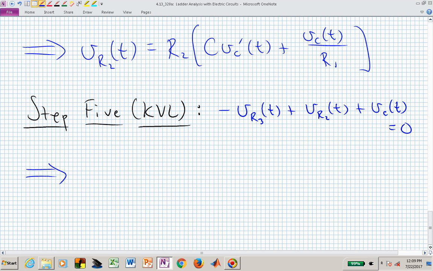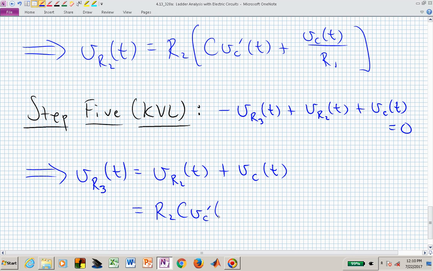And that now allows us to write V sub R sub 3 of t is equal to, isolating that on one side of the equal sign, V sub R sub 2 of t plus V sub C of t, and V sub R sub 2 we just found, that's R2 C V sub C prime of t plus R sub 2 over R sub 1 V sub C of t plus V sub C of t.